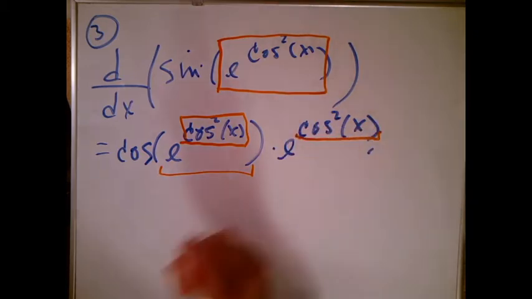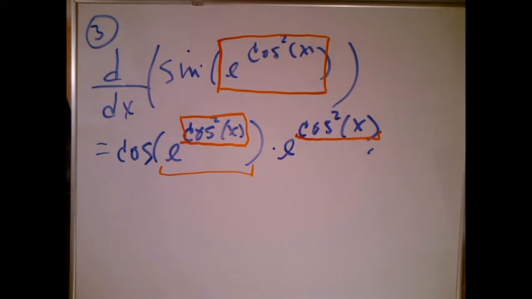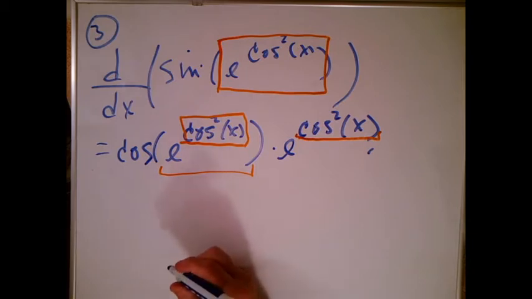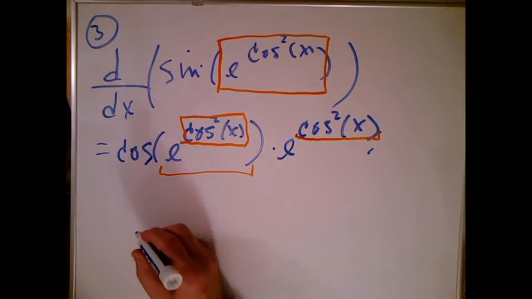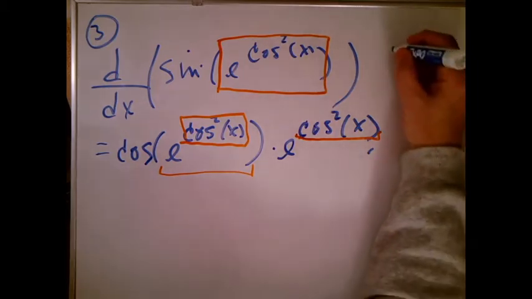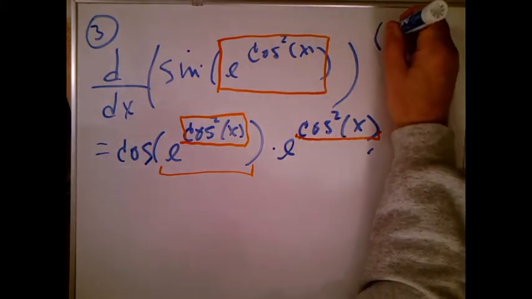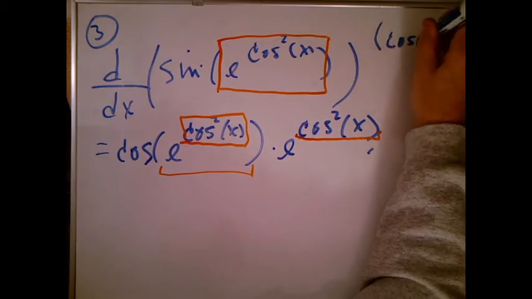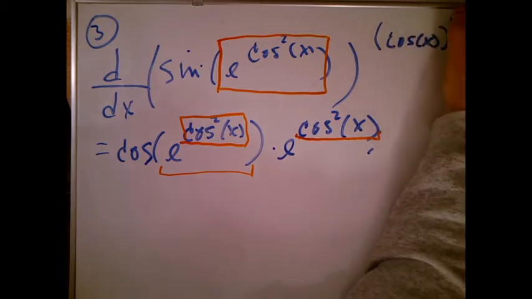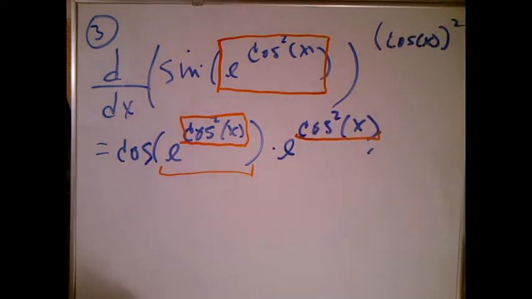If this is now my blob, what I want to take the derivative of, how do I take the derivative of cosine squared x? Well, I could write that as cosine times cosine, but I want to use the chain rule. We have to remember that cosine squared x is actually just cosine of x quantity squared, right? This is what we actually mean by cosine squared x.